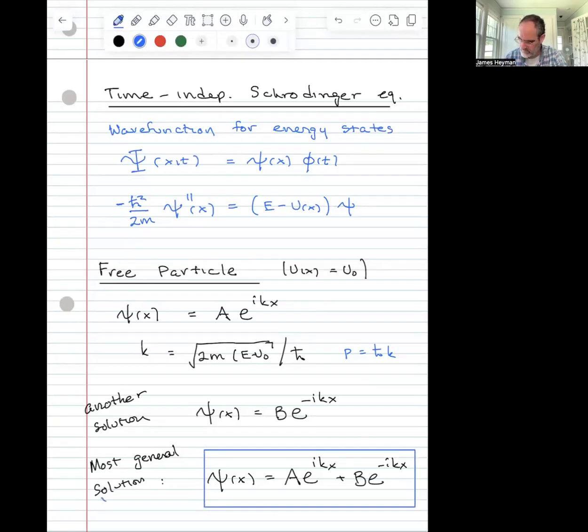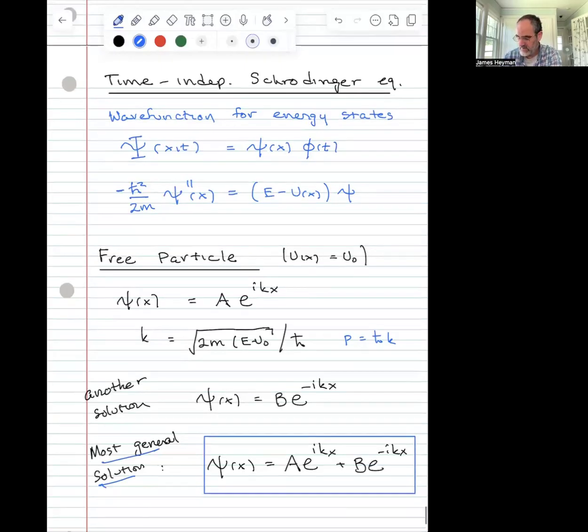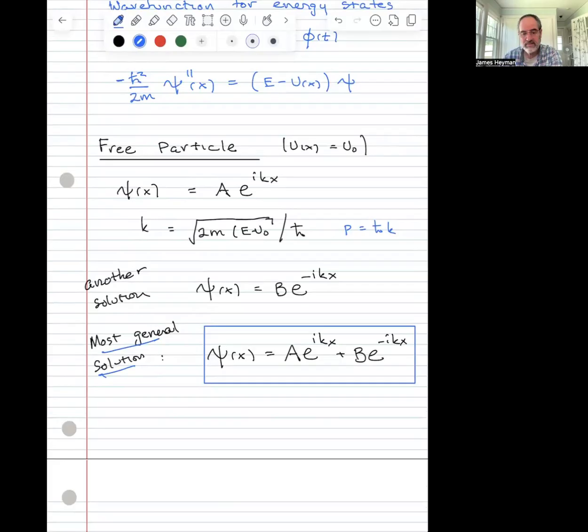So the most general free particle state looks like this. It's a linear combination of A e to the ikx and B e to the minus ikx. And there's something really interesting about this.